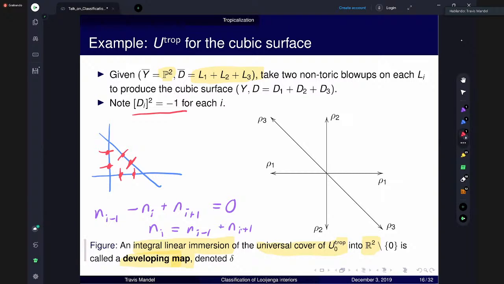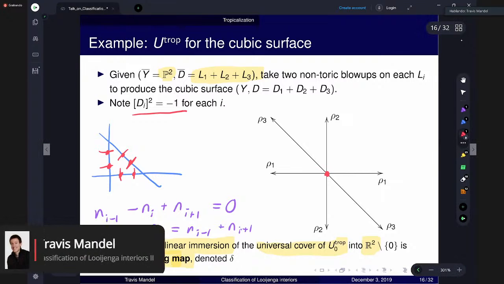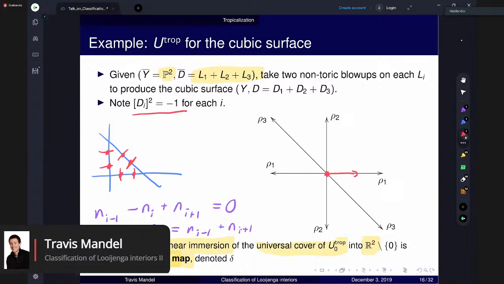So in other words, we can just say that n1 points this way. Let's say n1 is the direction (1, 0). Up to isomorphism, we can choose n1 and n2. You can always choose n1 and n2 to be the directions (1, 0) and (0, 1).